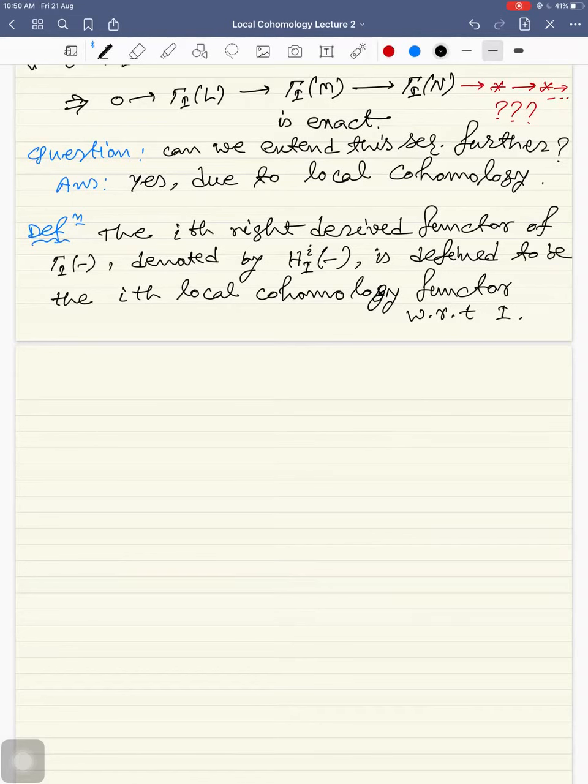So since it is a functor, it should assign each module M. By definition this module is just defined in this way. You consider an injective resolution of M, and then you apply that I-torsion functor on that resolution, then you will get a quotient complex, and if you take its ith cohomology, then that is defined to be this object.